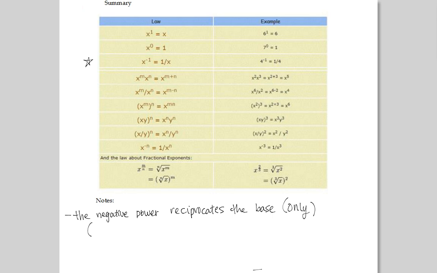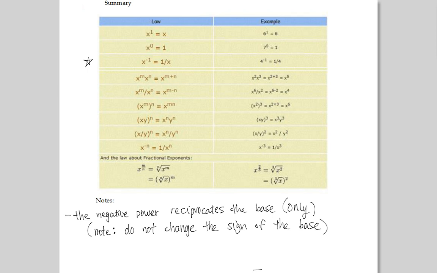In brackets here, I'm just going to put a little note. Do not change the sign of the base. The negative in the exponent has nothing to do with the negative in the base.